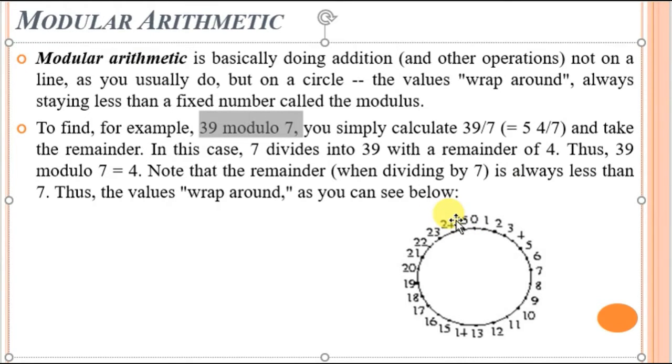After 25, 0 is considered 26, 1 is considered 27, 2 is considered 28, 3 is considered 29, and 4 is considered 30. Similarly, all values are considered, and then this is completely divisible. After that, whatever value is the remainder is considered the modular arithmetic value.